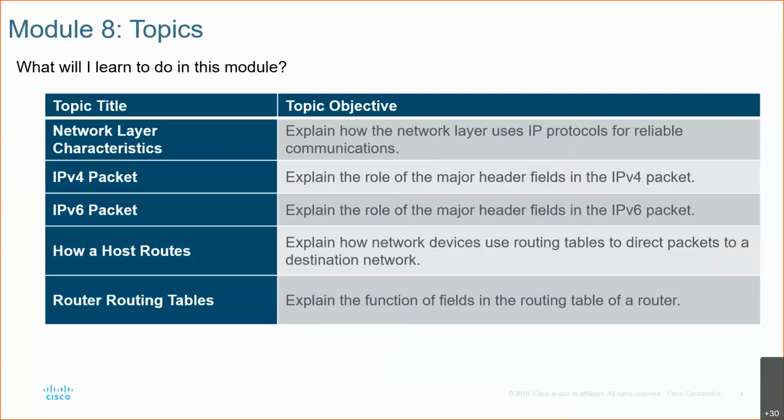Similarly, your router has a table with information about which is the next route, the next hop it has to take, and so on. Then the routing tables: explain the function of fields in the routing table of a router. These are some of the things we're going to go through today.